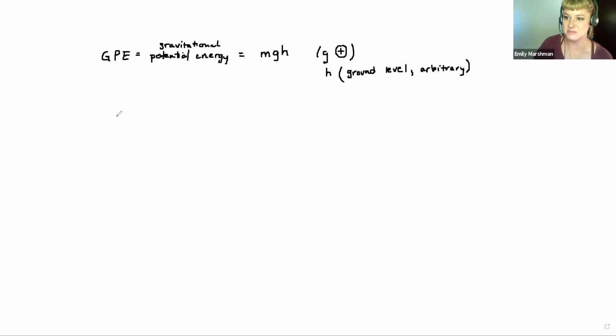There's one more type of potential energy that's discussed in this chapter, which is called EPE, or elastic potential energy.